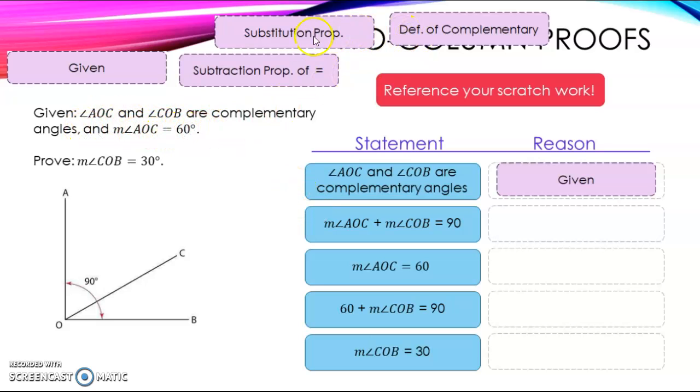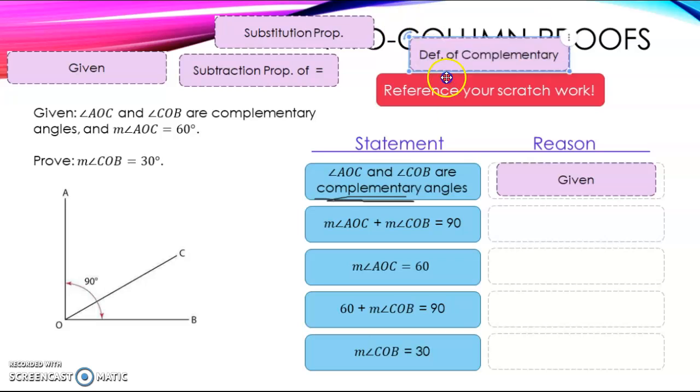So we want to look at our options here and say, okay, why can I get to step 2 from the step above it? Usually it's the step above it. It's saying that AOC and COB, when I add them together, equals 90. Well, referencing the statement above, it says that those two are complementary.